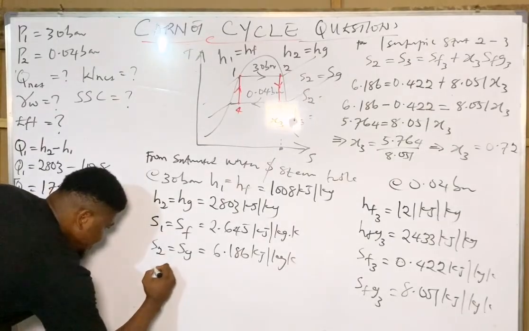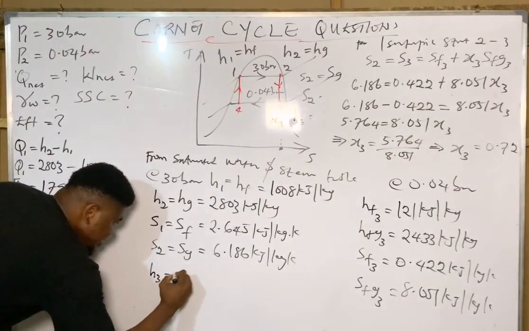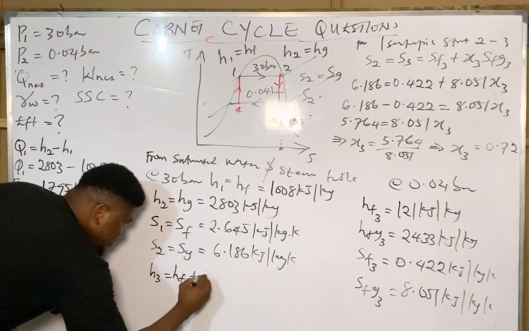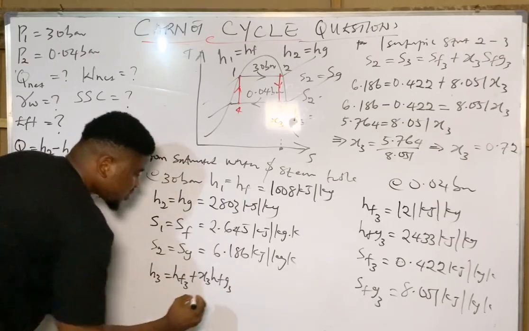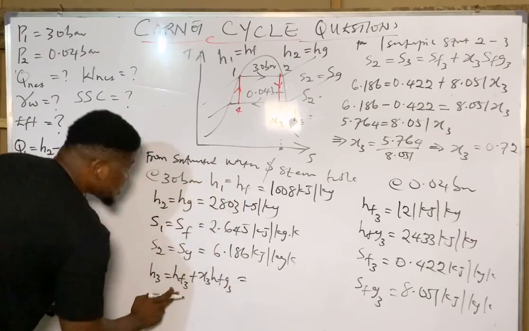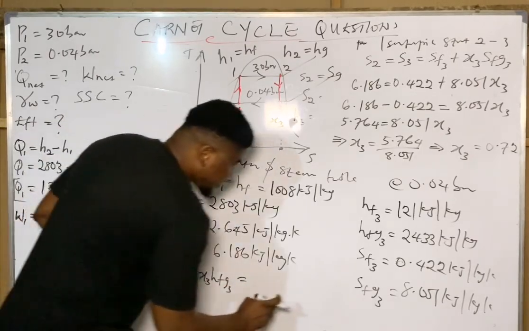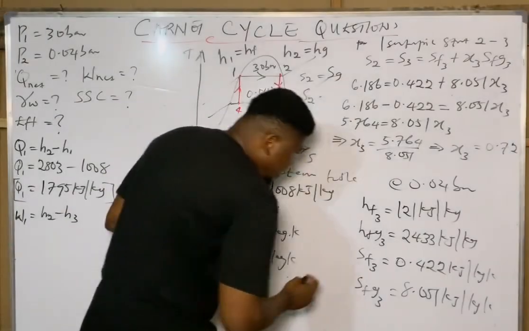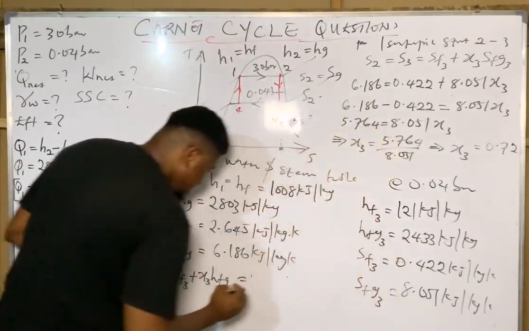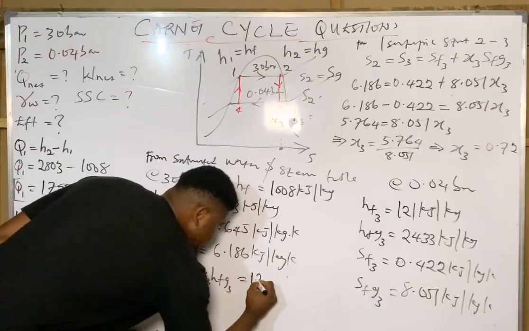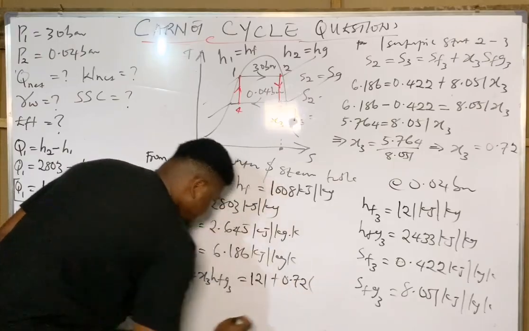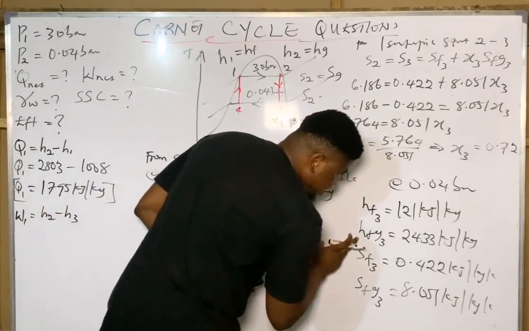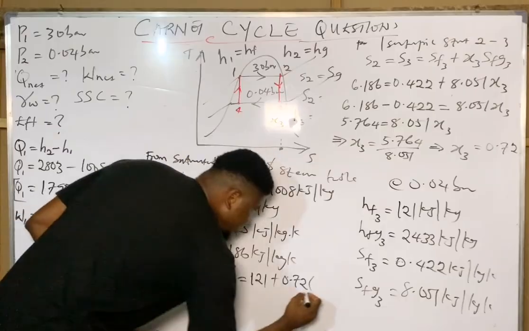Remember, enthalpy at state 3, H3, is HF3 plus X3 HFG3. We found HF3 here, so our HF3 is 121. So we have 121 plus 0.72 multiplies HFG3. HFG3 gave us 2433.